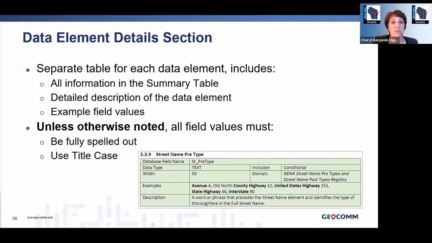Now, everyone is probably rolling their eyes. Why do I have to spell everything out? Well, remember, it's going to be used in a database on the back end. You're talking machine-to-machine communication. There's no human element involved when the machines are talking to each other. So when you spell everything out, it removes the confusion about what an abbreviation represents.